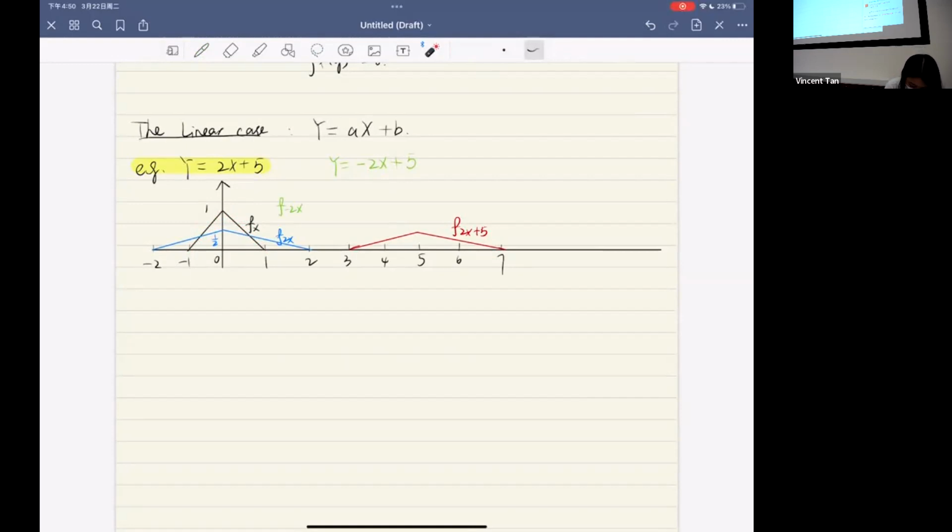So the PDF of -2x is actually equal to the PDF of 2x mirrored. And then when we add a constant number like +5, it's similarly moving from here to here. So this one can also represent -2x plus 5.